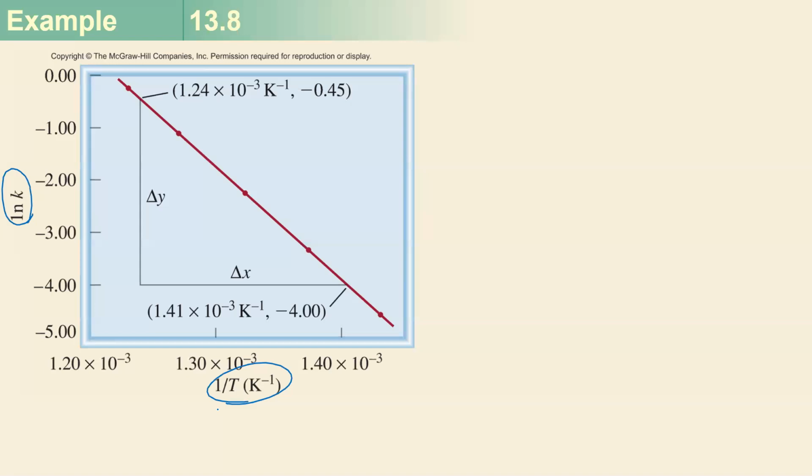We're trying to get the activation energy out. That's our question. In order to do that, we need to know the slope. So we're going to do our rise over run business. And so M is our slope.